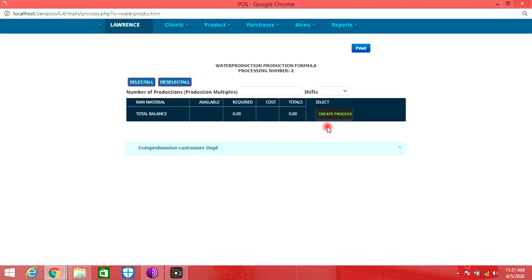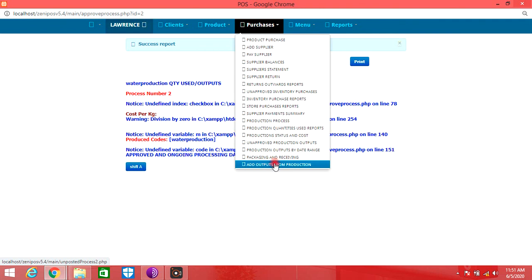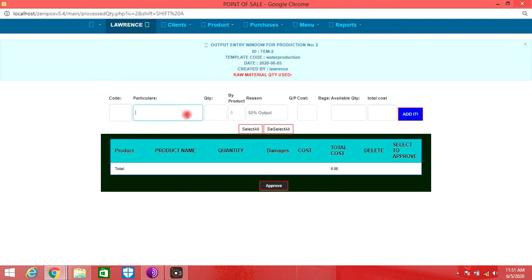So just create the process, do shift A as 1 production, create the process, and then say add outputs. When you add the outputs, this is what happens. Water 1 liter, our production produces 400 outputs of 1 liter. We don't have any byproducts, then we come and add it here.